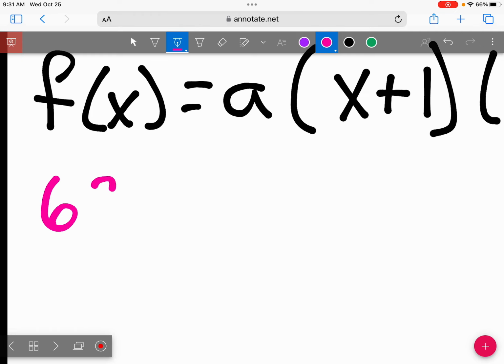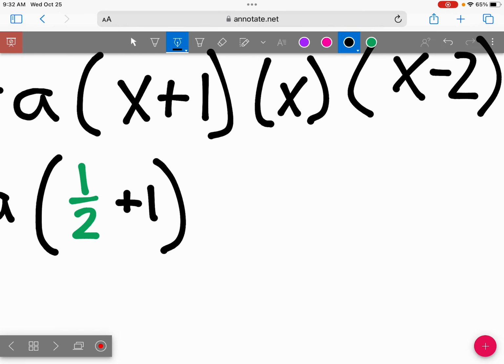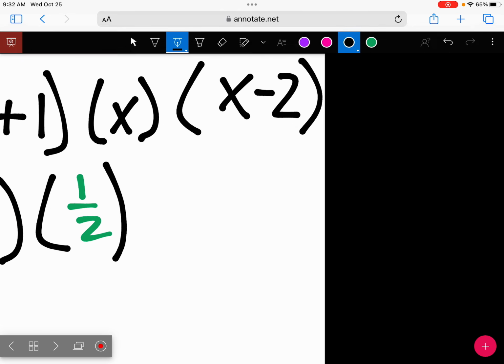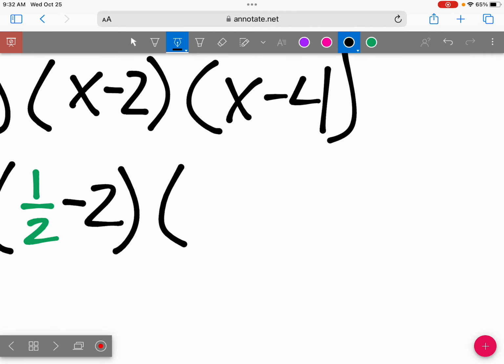So we're going to have our 63 equals a, and we're having our 1/2 as our x. 1/2 plus 1, 1/2, 1/2 minus 2, and 1/2 minus 4.